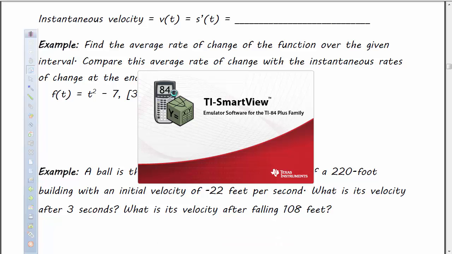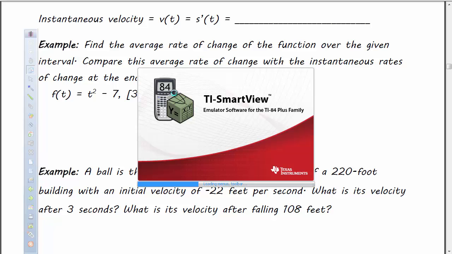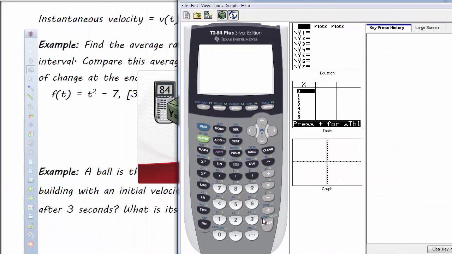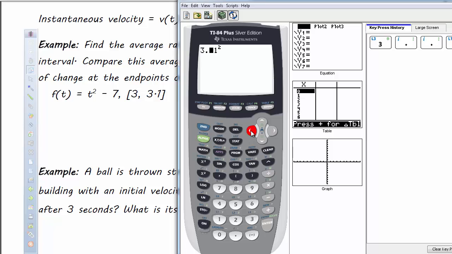Yeah, we're just evaluating the function at 3.1. Our function is t squared minus 7. So I said 3.1 squared, minus 7, and I got 2.61.